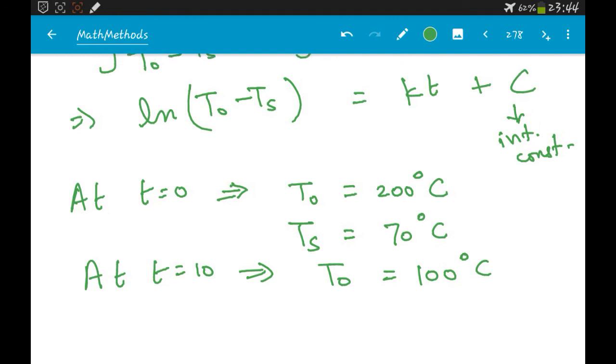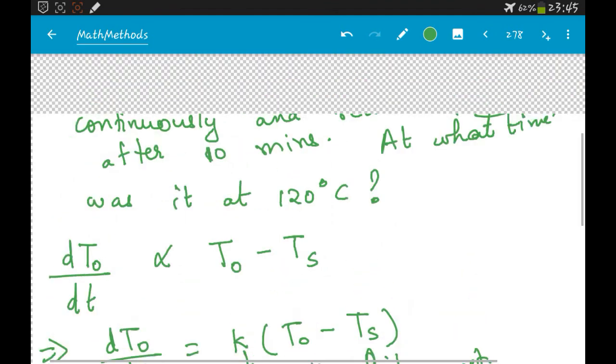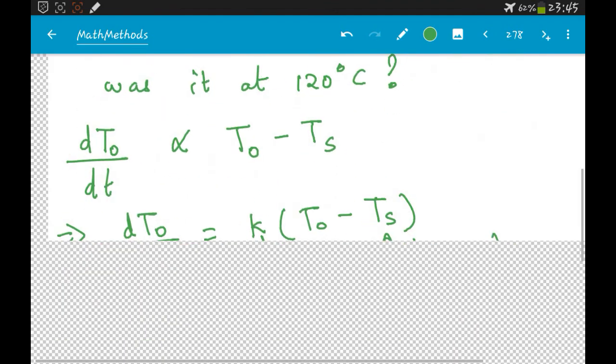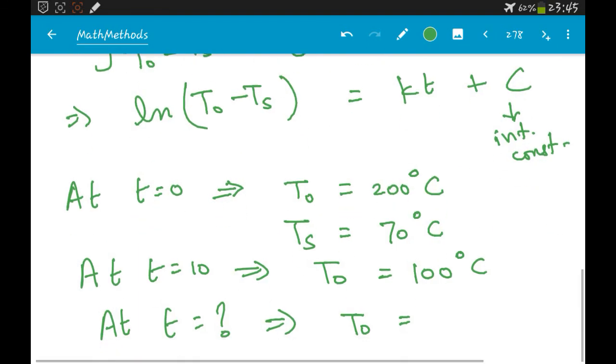These are your conditions, and we have to find out at t equal to what, T0 became 120. What do we have to find out? At what time the coffee was at 120 degrees Celsius.